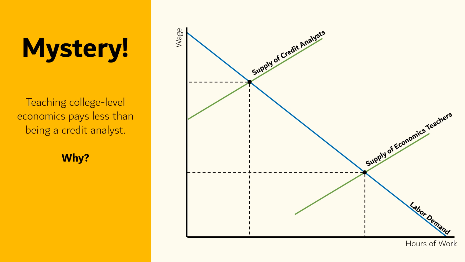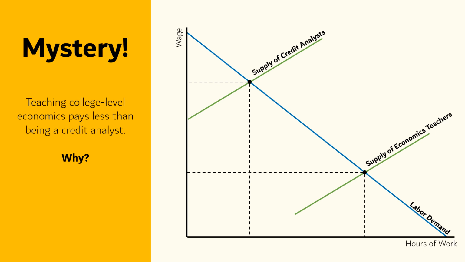Teaching college level economics pays, frankly, a lot less than being a credit analyst, a job many people with PhDs in economics end up at. But that gap is persistent. Certainly, the high wage attracts some teachers to go become credit analysts, but not enough to close the wage gap between the two.